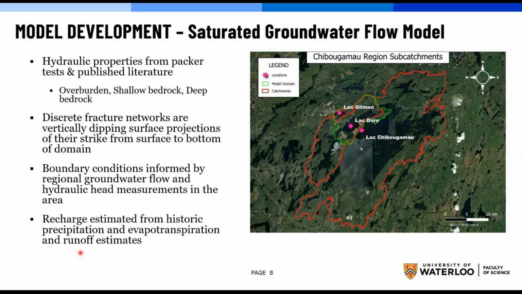So we wanted to find a way to do that in the saturated flow model that could be consistent into the future so that ET isn't what varies. So we have our historic precipitation. We've reduced that by our evapotranspiration, and he also used runoff coefficients to estimate the runoff. The remainder is what we included as a recharge boundary coming in from the surface.